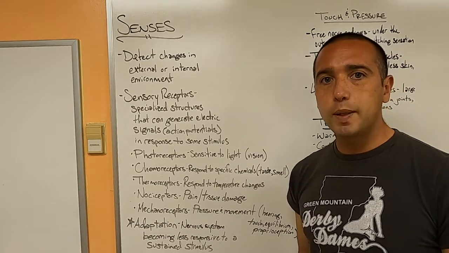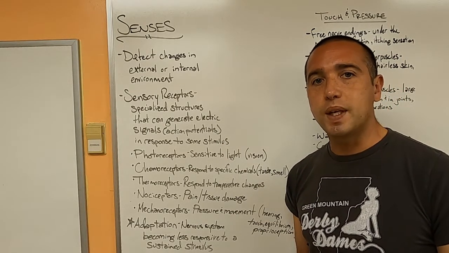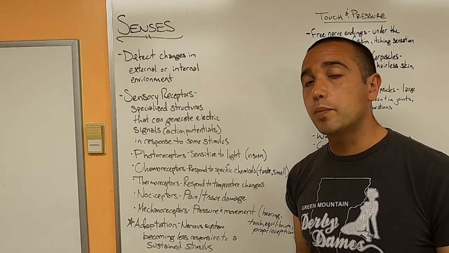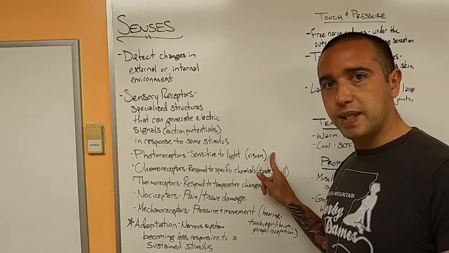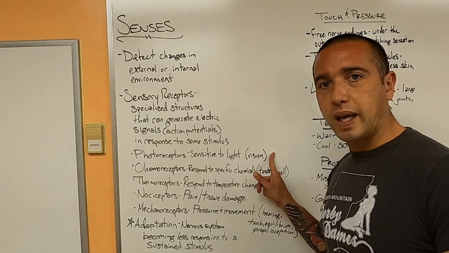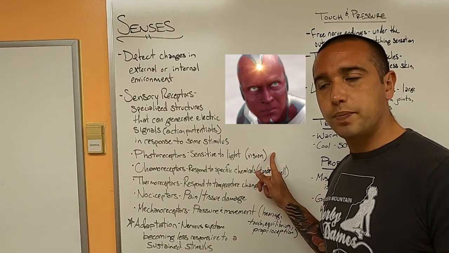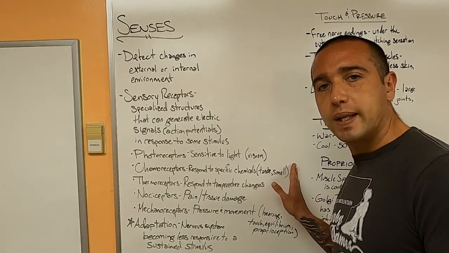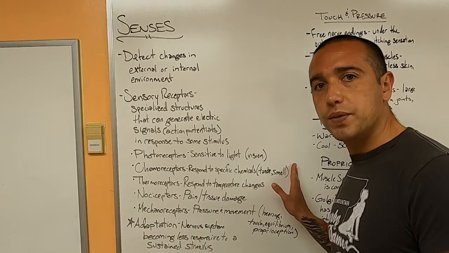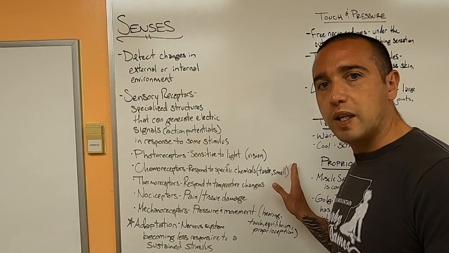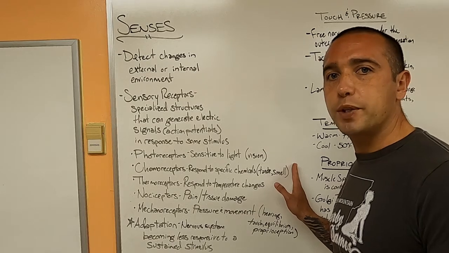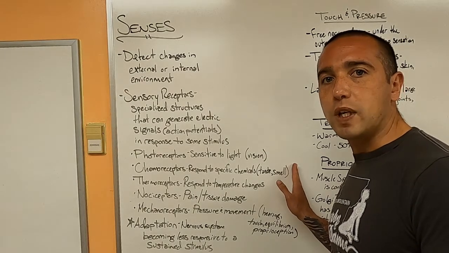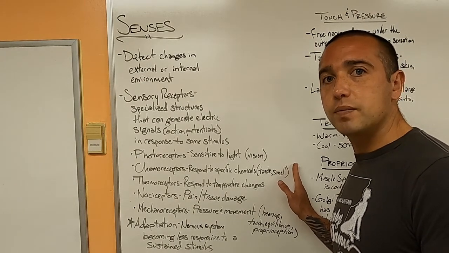Receptors can be classified by what stimulus gets them to be triggered and produce an electric signal, an action potential. There are photoreceptors, which are sensitive to light, and that's for your sense of vision. There are chemoreceptors that respond to certain chemicals, and those would primarily be for taste and smell, although there are some chemoreceptors we'll talk about later, which are involved in pain sensations.